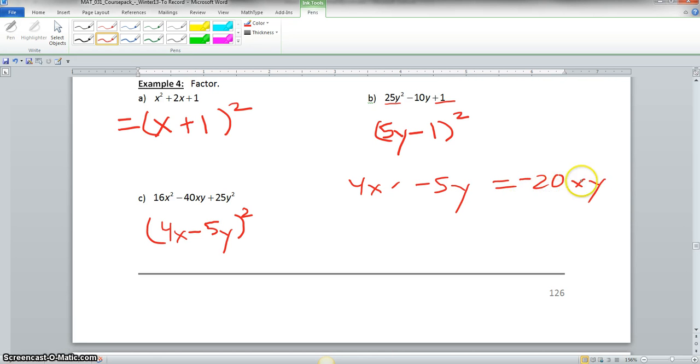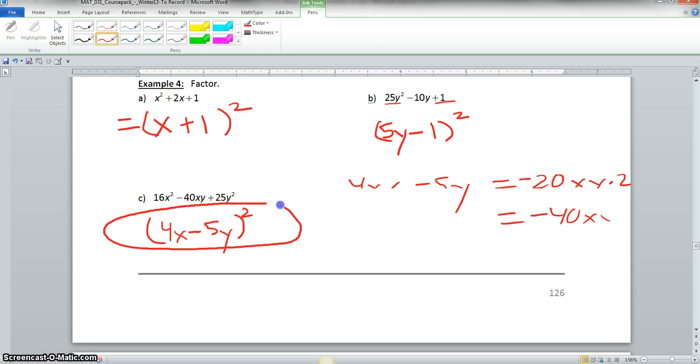Now we're supposed to take this value and multiply it by 2, and that will give us a negative 40xy, which is our middle term. So we did it correctly. Now it kind of disappeared here, but you can rewind it and it will come back up. But this is your final answer.